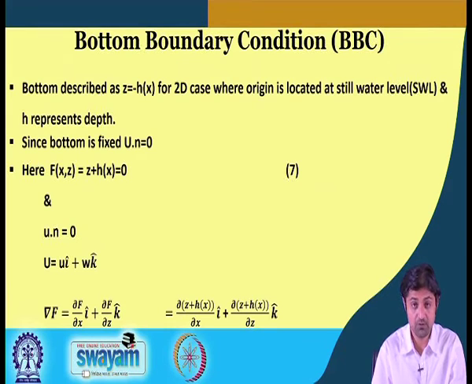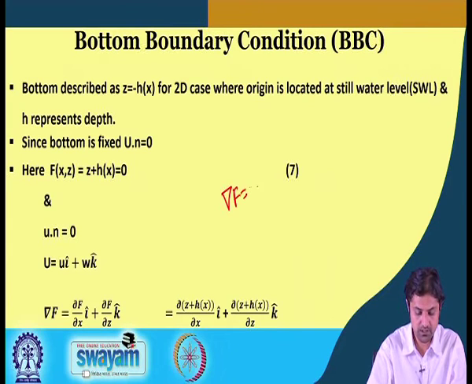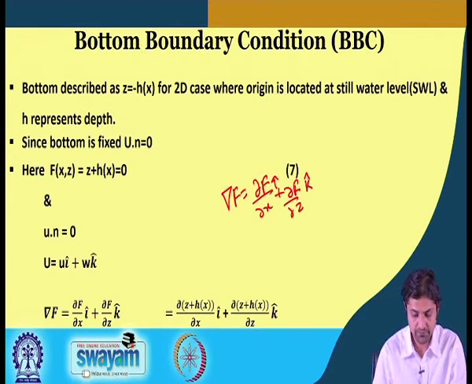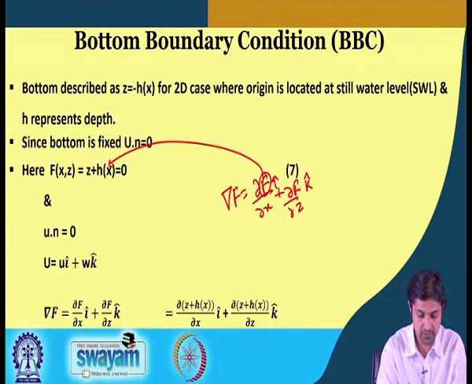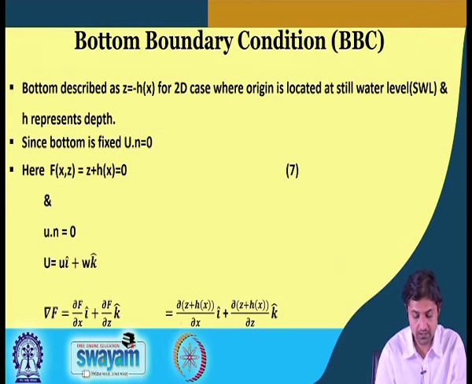So, we are going to apply what we have learnt in the previous lecture. Delta f is going to be del f del x in the i direction plus del f del z in the k direction. And instead of this f, we put z plus h of x. So, what we get is del del x of z plus h of x i cap plus del del z of z plus h of x k cap.